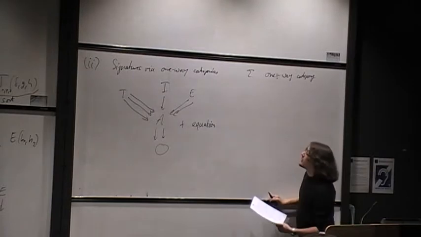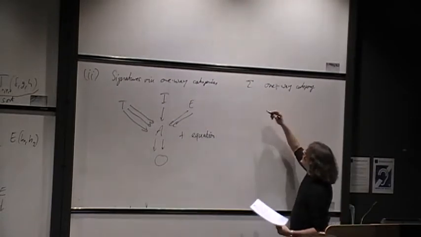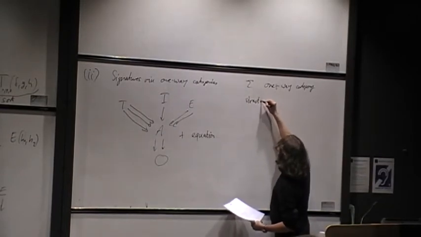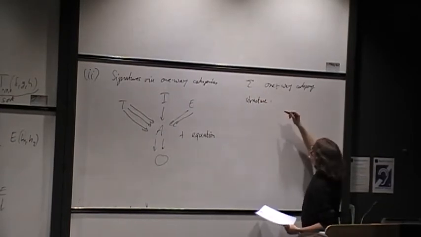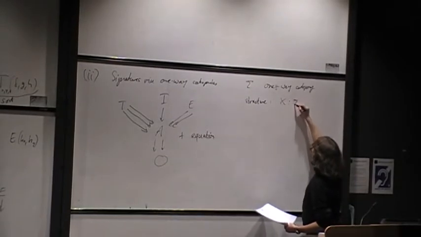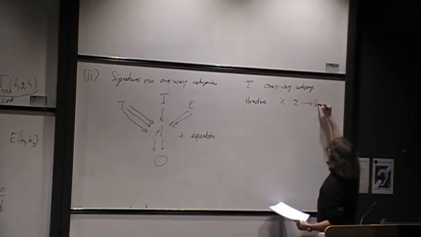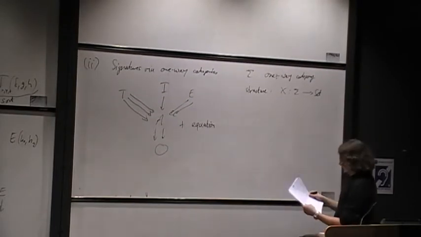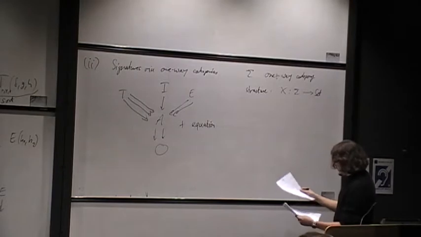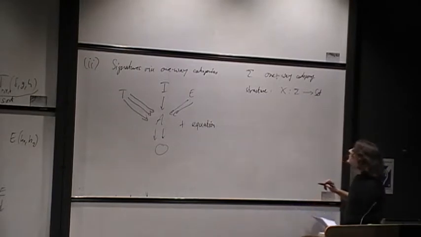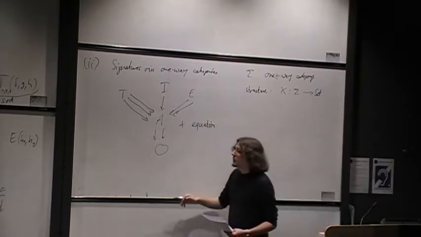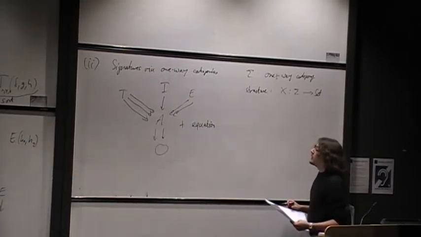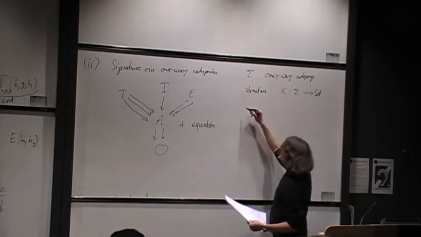If I have a signature given by such a one-way category, then I can say what the structure of this signature is. The structure is simply a functor from this category to the category of sets. Now to recover this point of view, I need the notion of matching object.